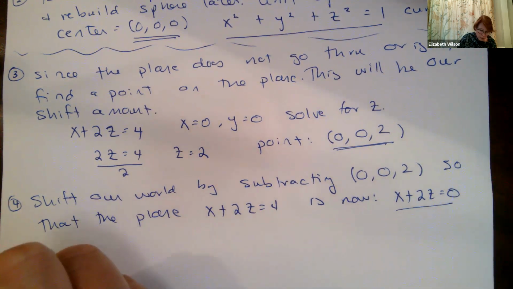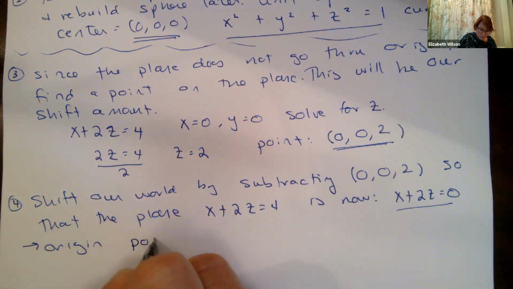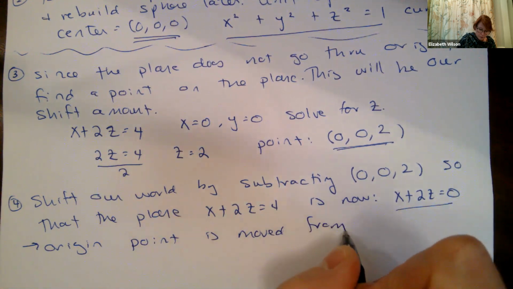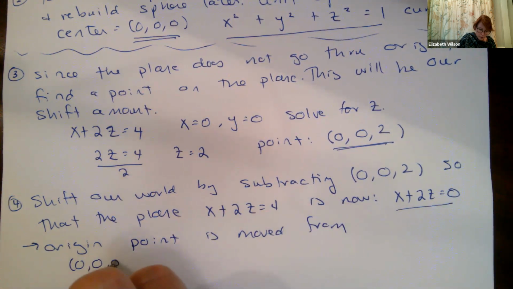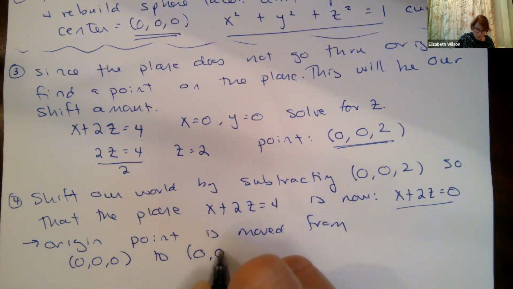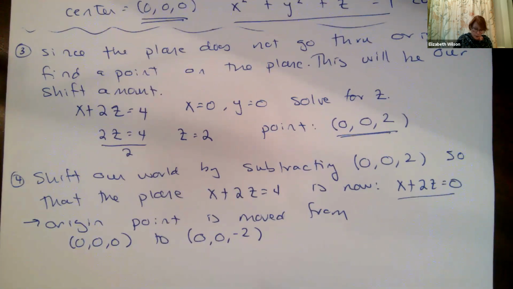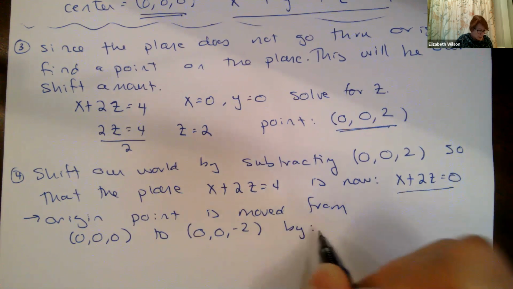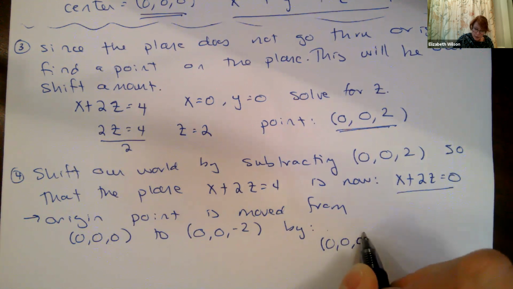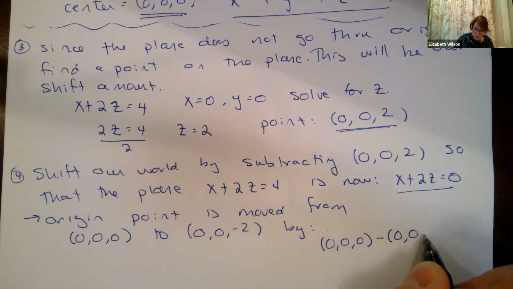So what we're really doing is saying our origin point is moved from 0, 0, 0 to 0, 0, minus 2. So watch what that means, right? By doing this, I'm going to go 0, 0, 0 minus 0, 0, 2.